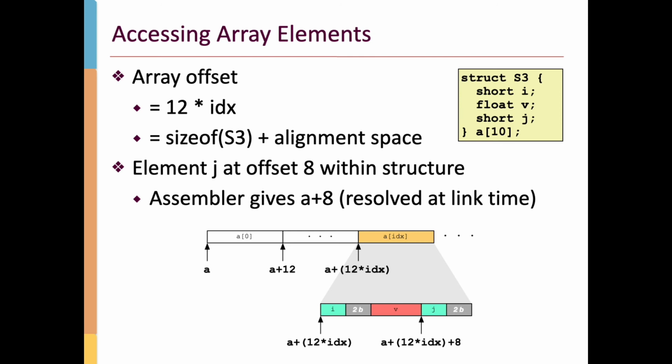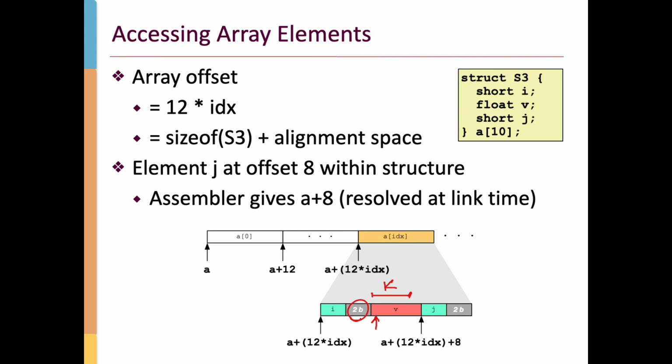Then because the next element in the structure is a 4-byte aligned float, we're going to skip over these 2 extra bytes so that it starts on a 4-byte boundary. And then right after that value v, we can store j directly in memory because it only has to have a 2-byte alignment. But we also know that the overall size of this structure is determined by the size of its largest element.